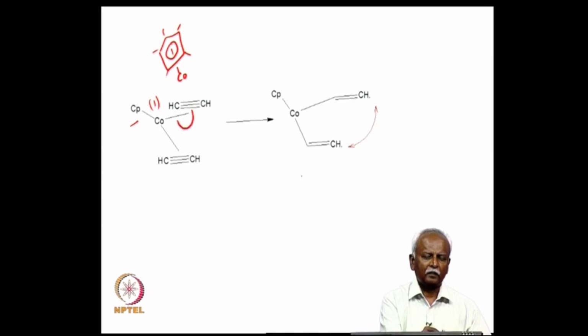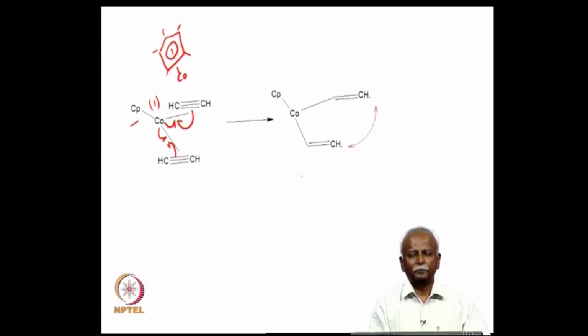So, exactly what is happening is you have cobalt giving 1 electron, and so we indicate it with a half arrow, and it gives 1 electron to the acetylene, and acetylene gives 1 electron, and so forms a covalent bond. This covalent bond now results in the formation of a radical species, which will have 2 electrons sitting on the 2 carbon atoms here.